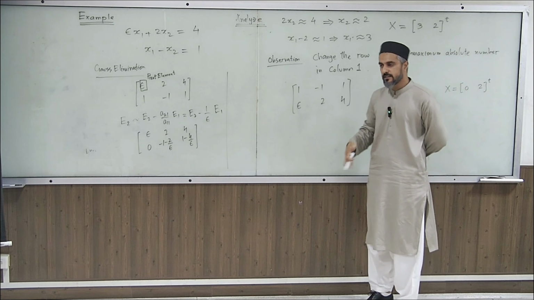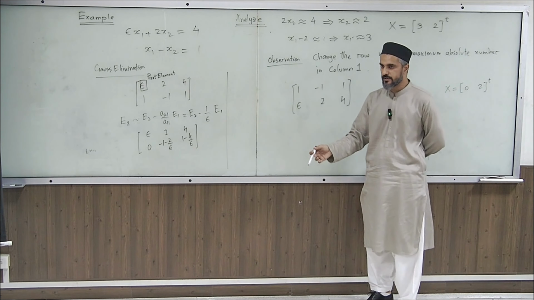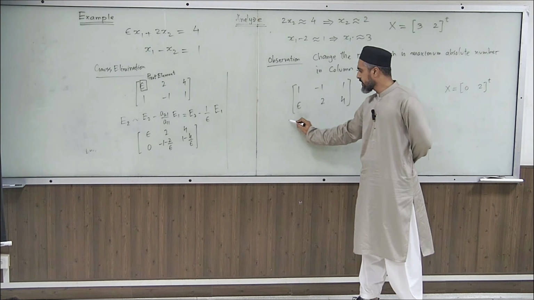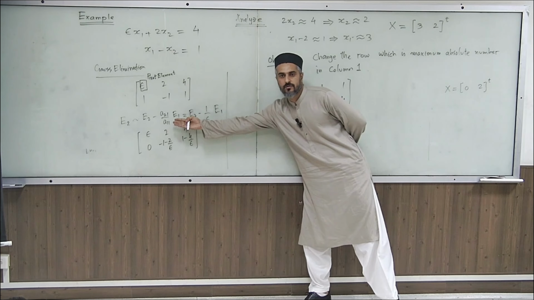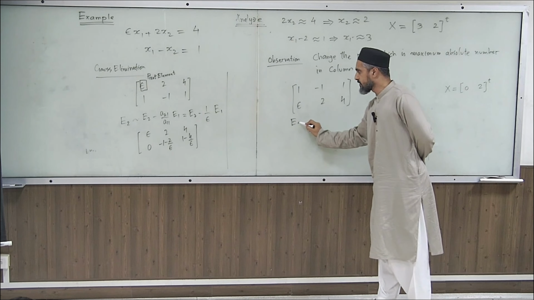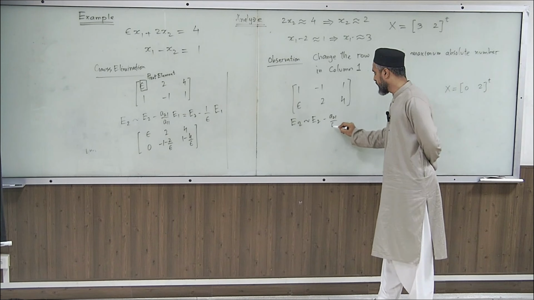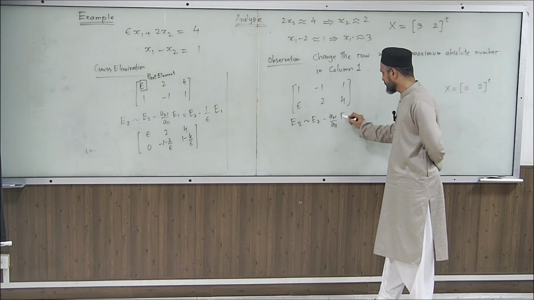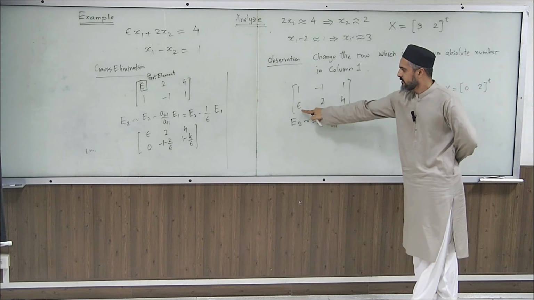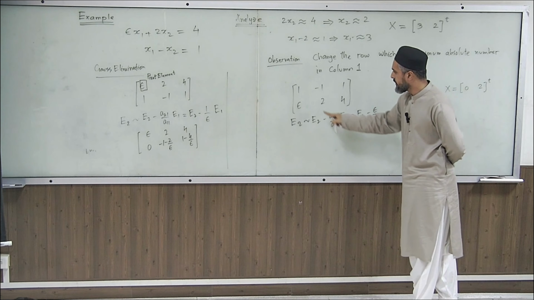Now let's apply the Gauss elimination. You have to do the same operation, but A21 and A11 have changed. So E2 is going to change to E2 minus A21 over A11. What is A21 now? It is epsilon. And what is A11? It's 1.